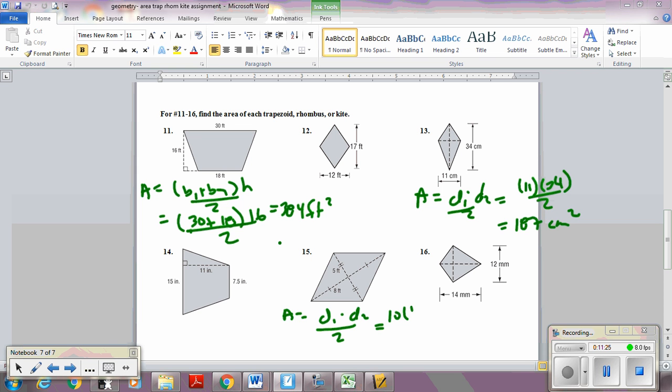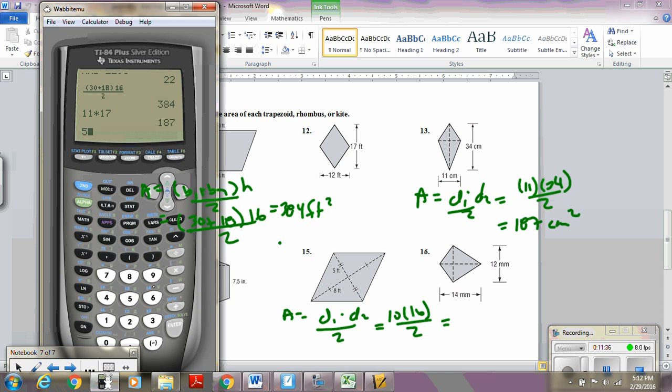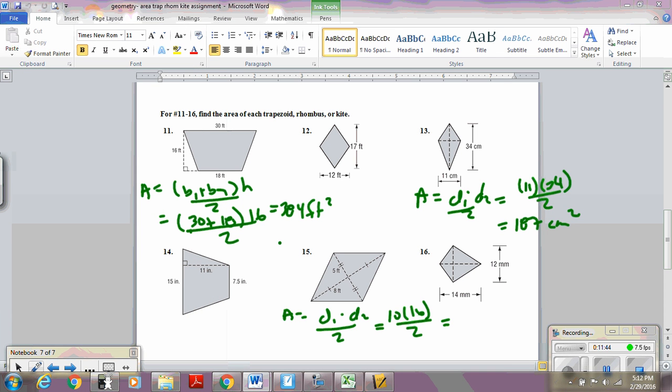The second one is 16 and over 2. So it's essentially 5 times 16, which is 80. So 80 feet squared.